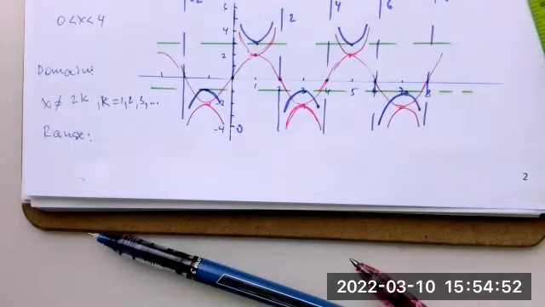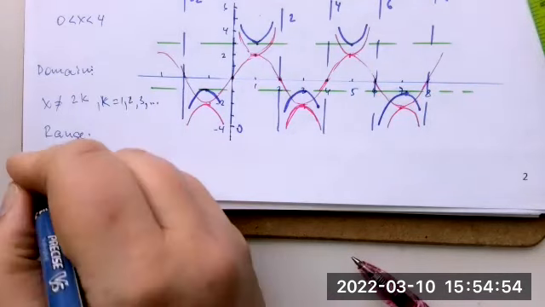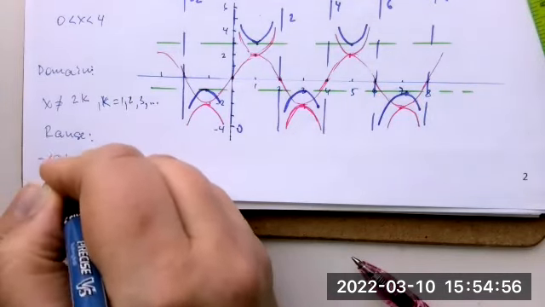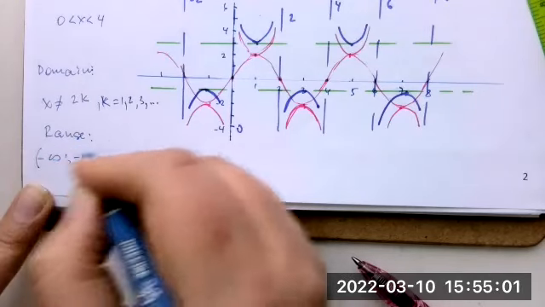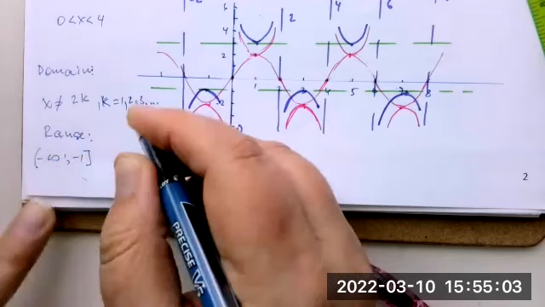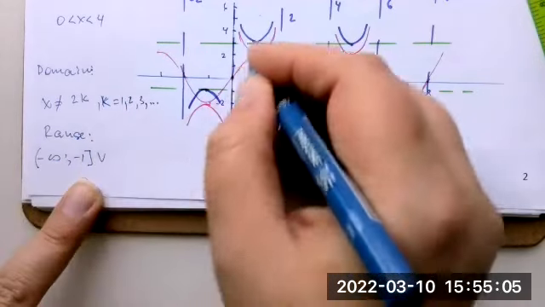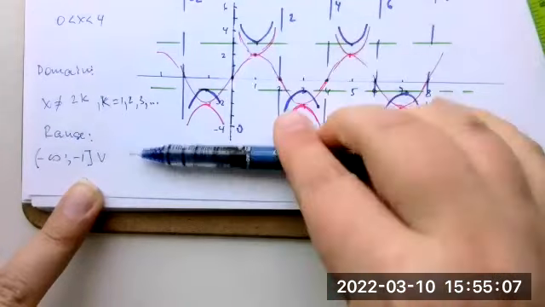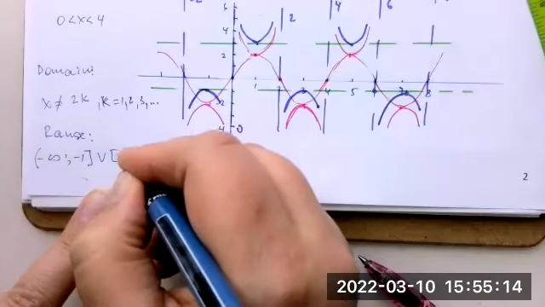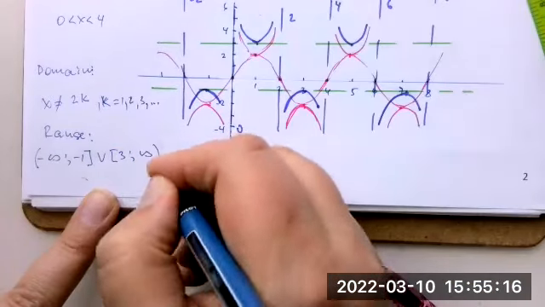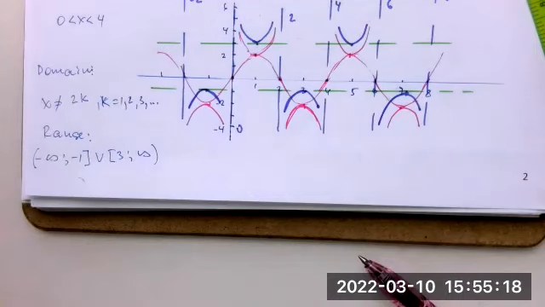So the range is from -infinity to -1, including -1 but not including infinity. And then it picks up from positive 3 to infinity. So this is the domain and range of this function.